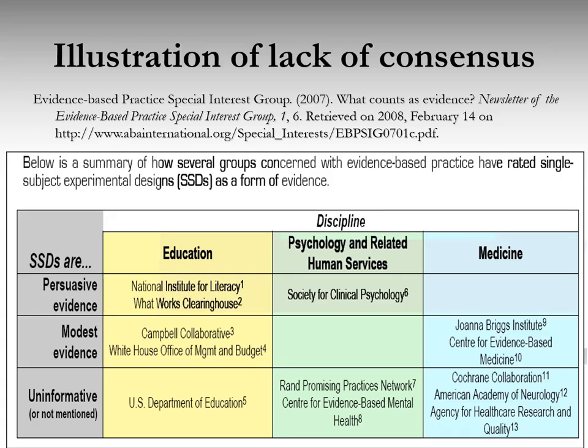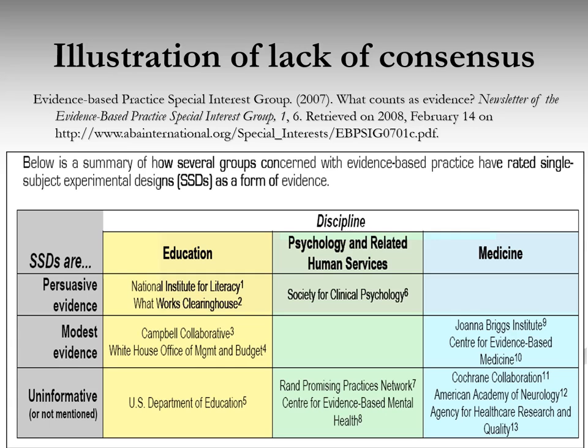As an illustration of the lack of consensus, I have here an overview of what some organizations said about single case or single subject experimental designs, about the value of these designs to give evidence to be included in a meta-analysis.